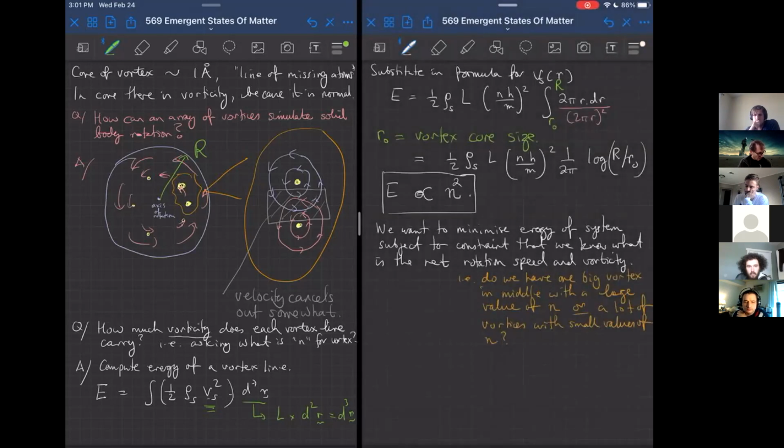So we have a fixed rotation rate, and each vortex has vorticity n h over m.